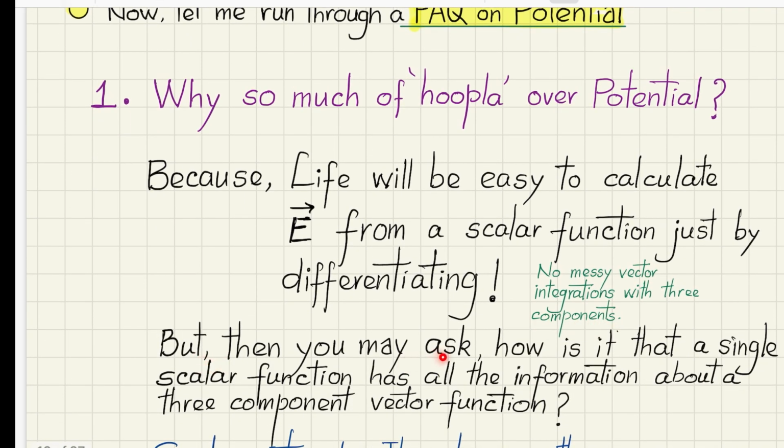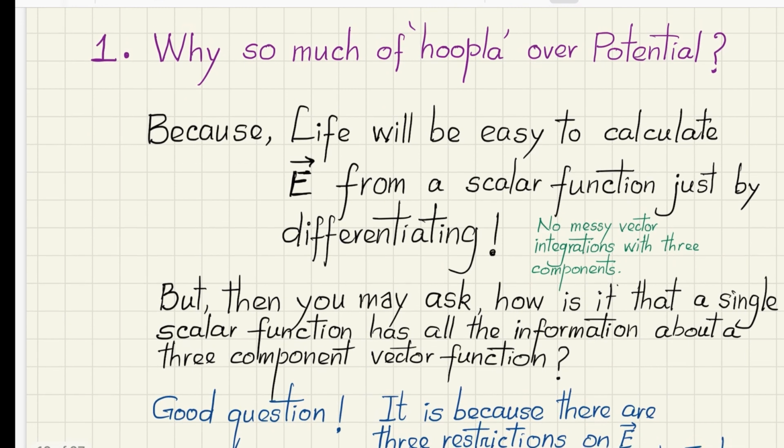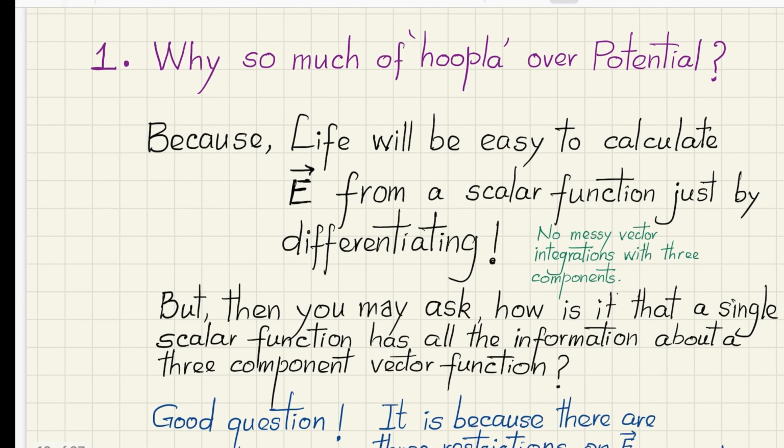But then you may ask, how is it that a single scalar function has all the information about a 3-component vector function? Good question. It is because there are 3 restrictions or constraints on E coming from del cross E is equal to 0, just to remind you.